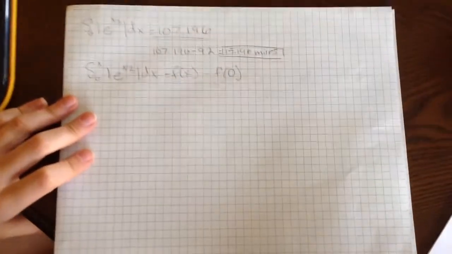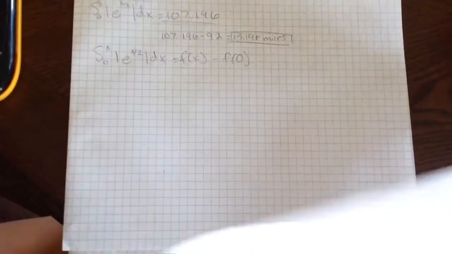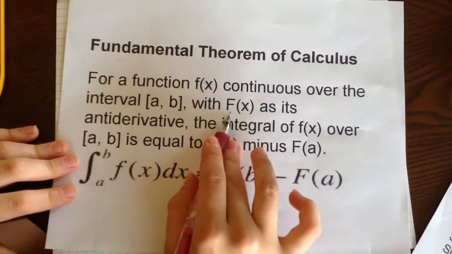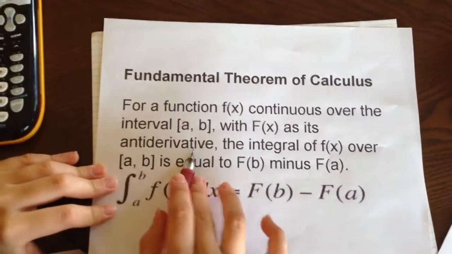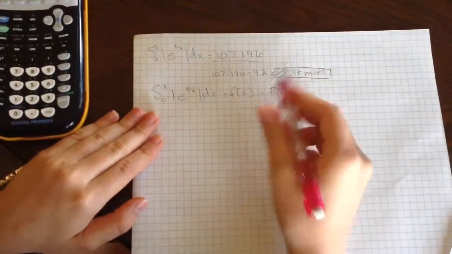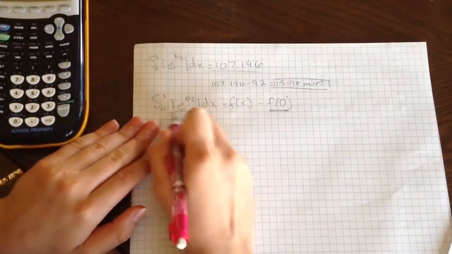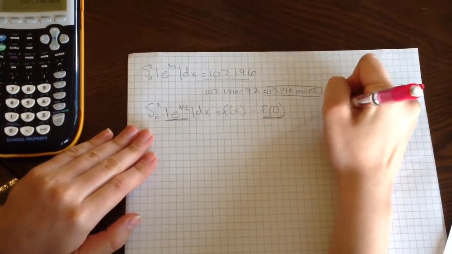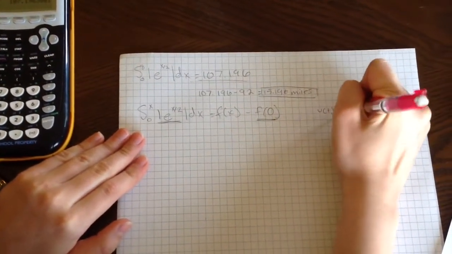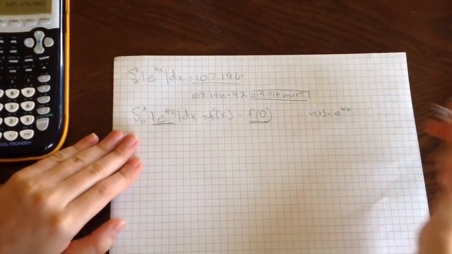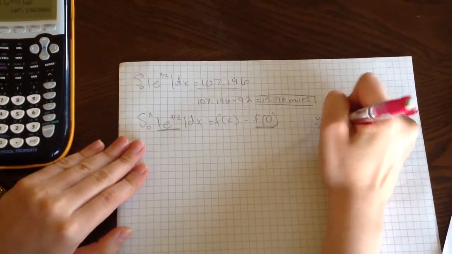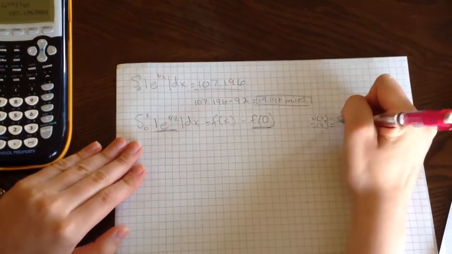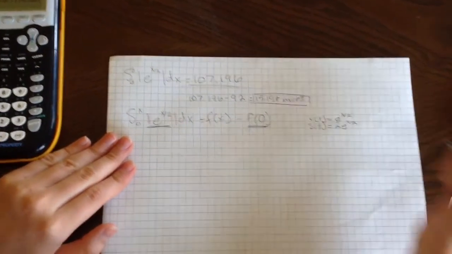Now, in the definition of the fundamental theorem of calculus, it says that capital F of x is the antiderivative. So that means this is the antiderivative of this. So v of t is equal to e raised to the x divided by 2. So we're going to take the antiderivative, so that's basically we're going to get the position, which is equal to 2e to the x divided by 2.